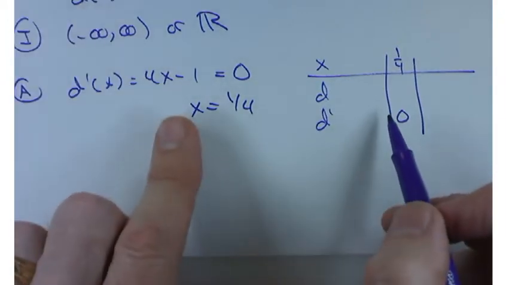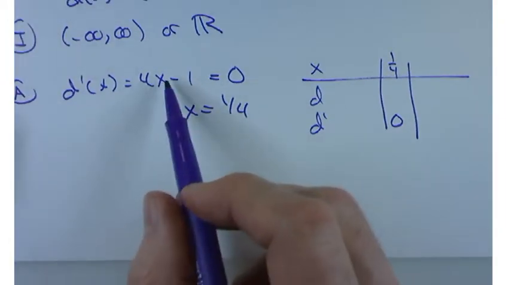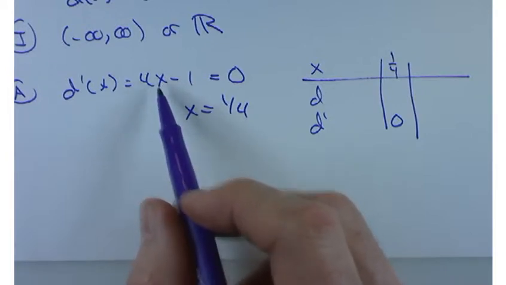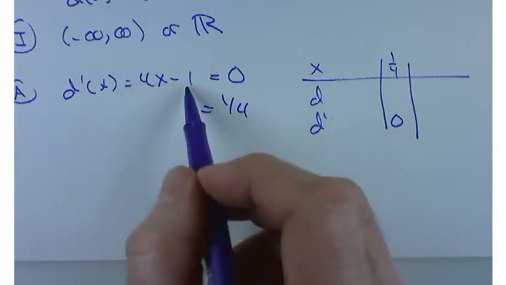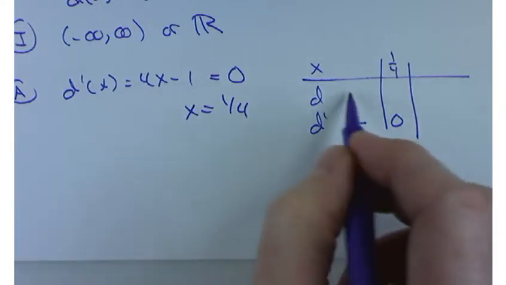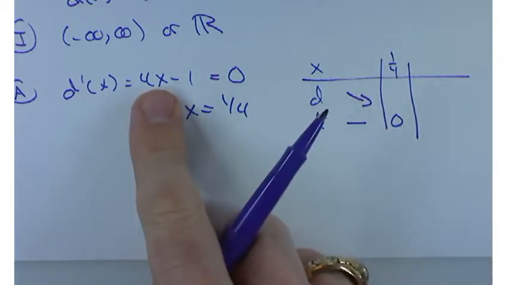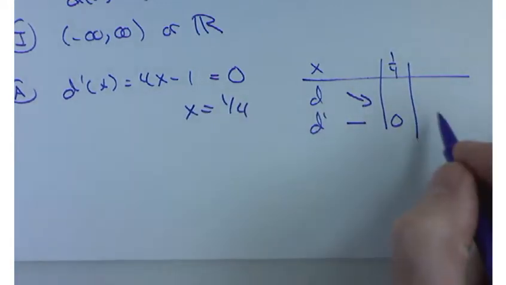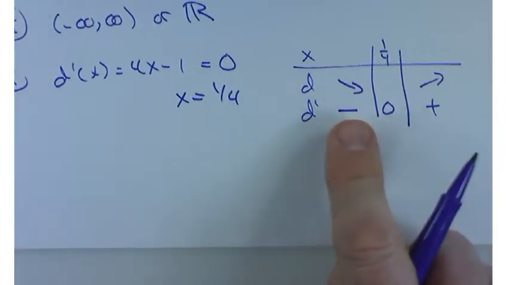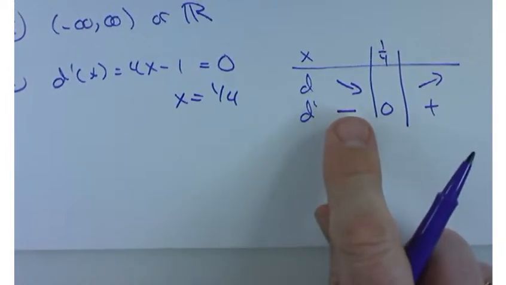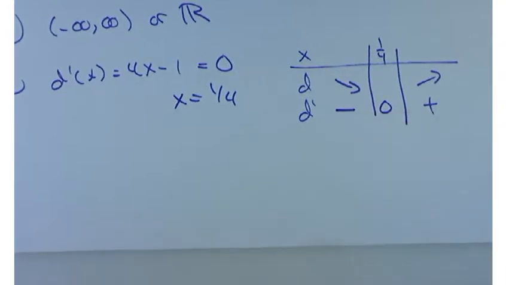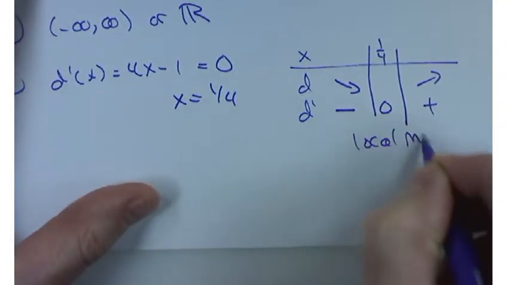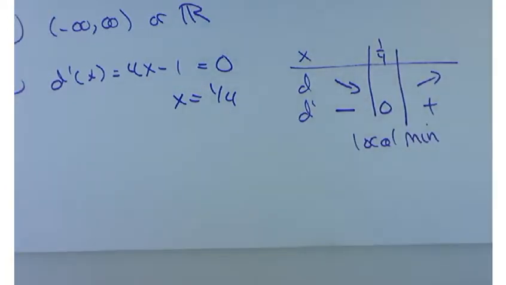Now to the left of 1/4, if I put in a value of x to the left of it, say 0, what's the sign of this going to be? 0 times 4 minus 1 is going to be negative. So the function is decreasing. To the right of 1/4, say x equals 1, 4 times 1 minus 1 is 3, so that's positive. So if you have something that goes from decreasing to increasing, then that critical point has to be a local min. So that's the first derivative test.